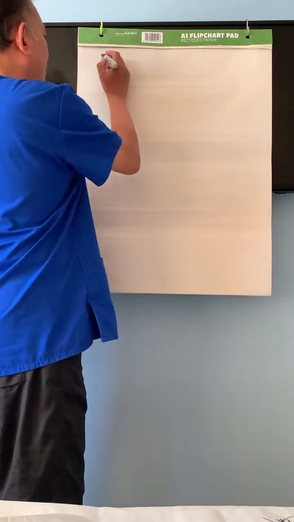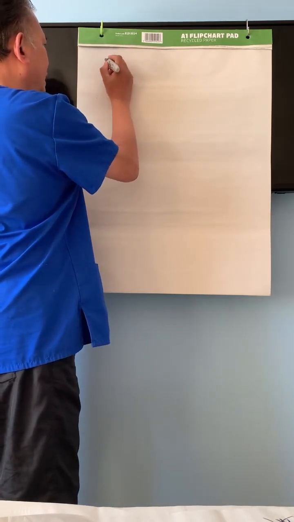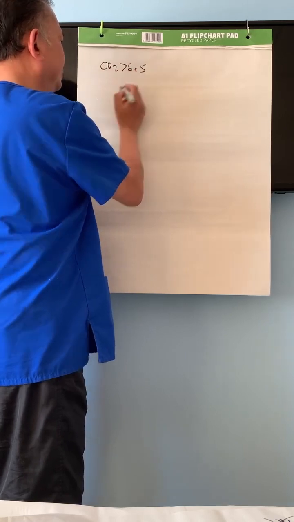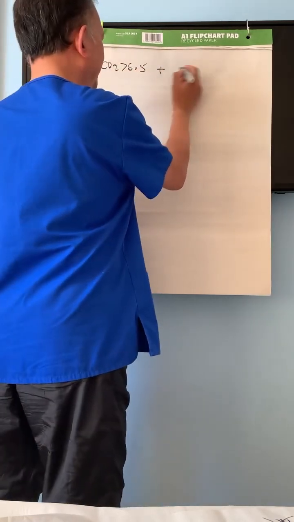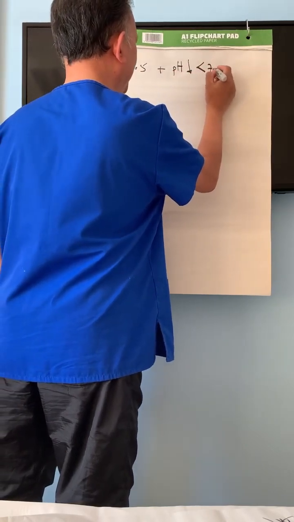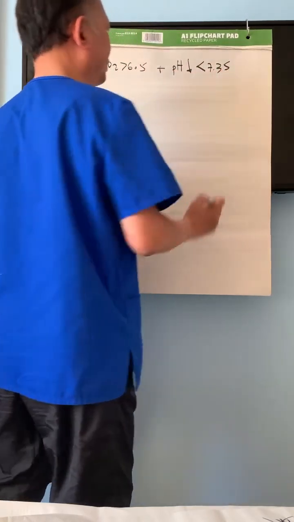So, the first indication is CO2 above 6.5, right? But the pH must also drop to less than 7.35.